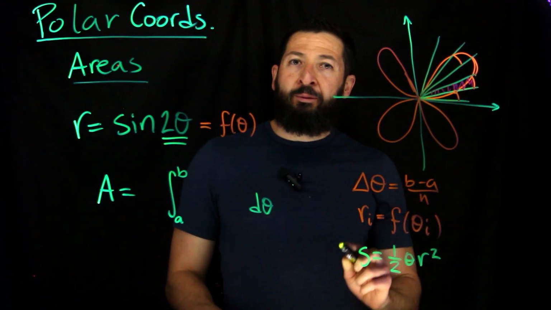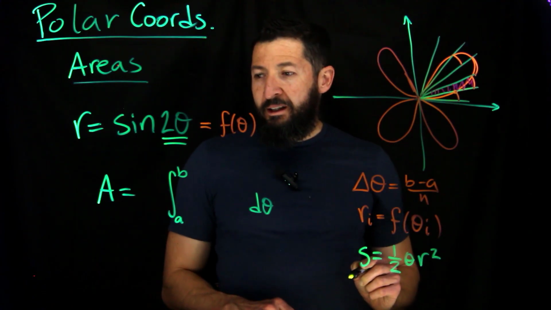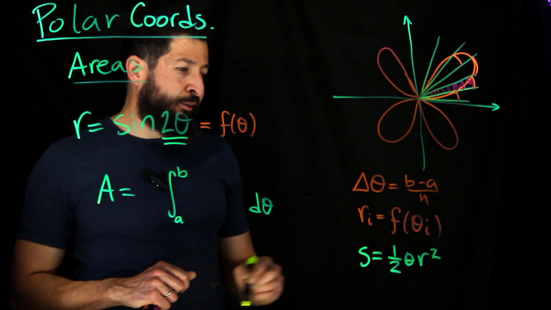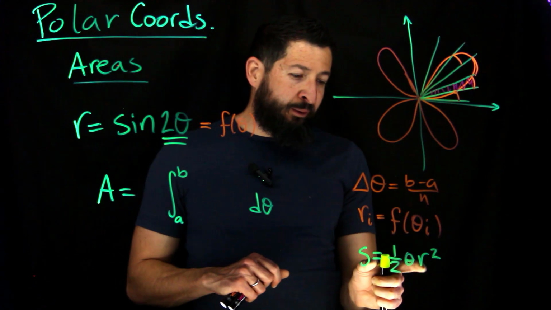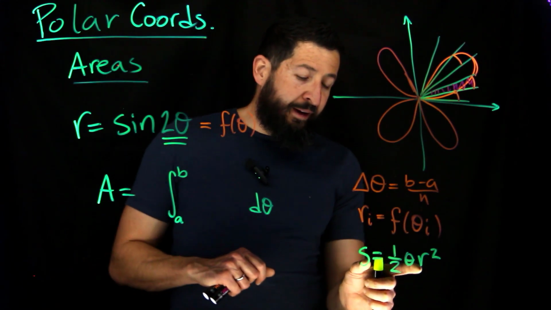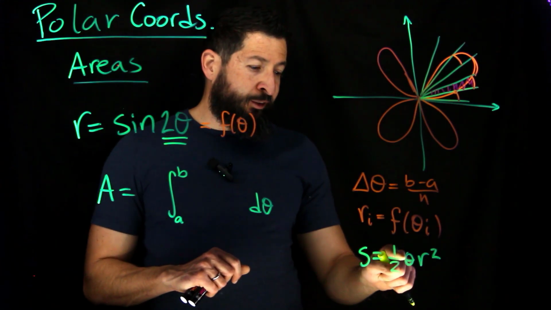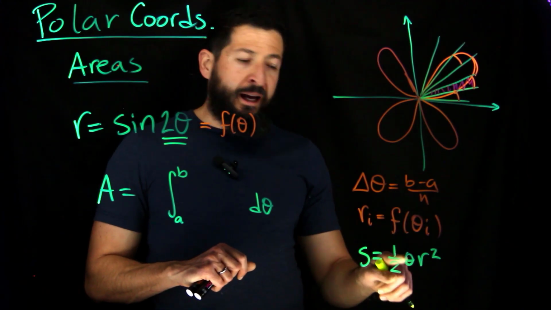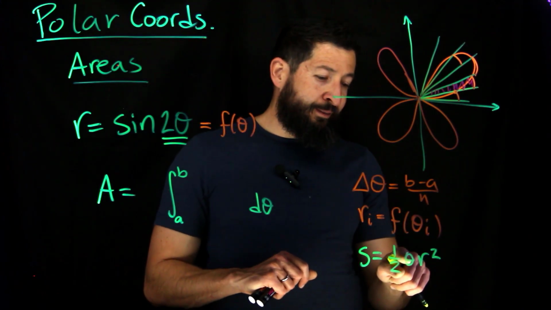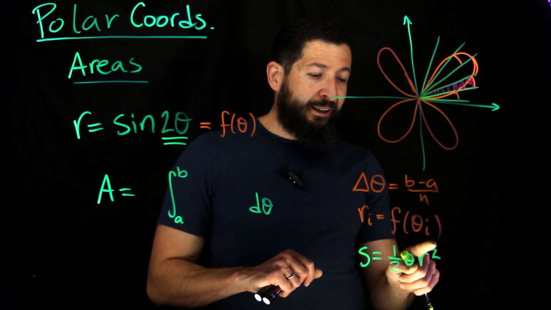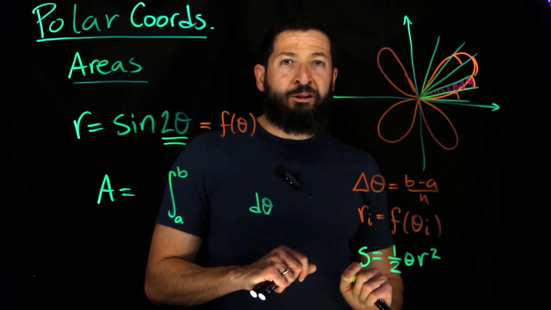And effectively, that's what we get. So this area should be written in terms of a sum of all these little sectors. It's going to be the sum from i equals 1 to n of 1/2 delta theta i times f of theta i squared.